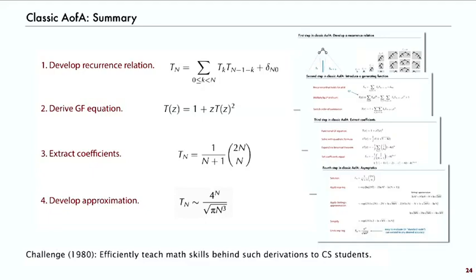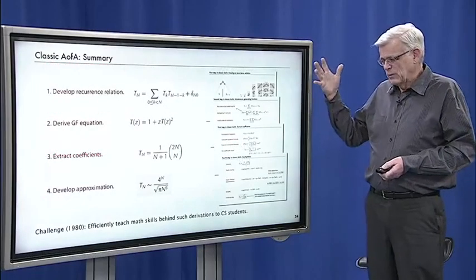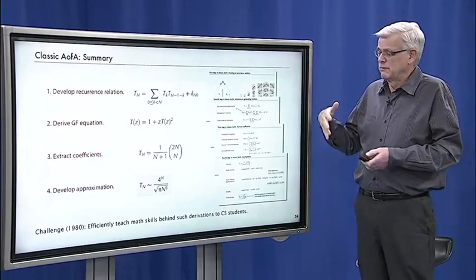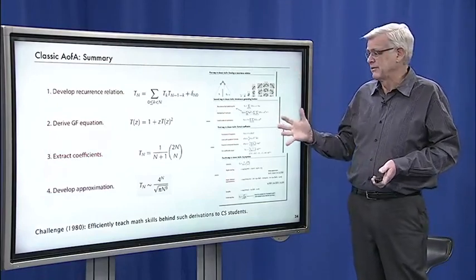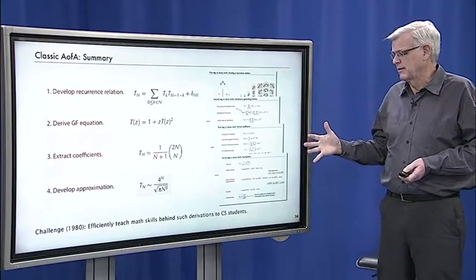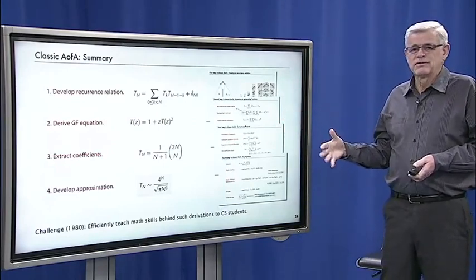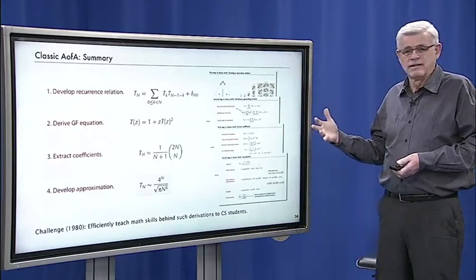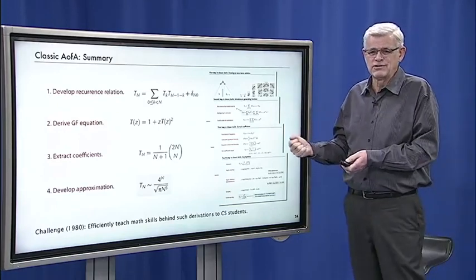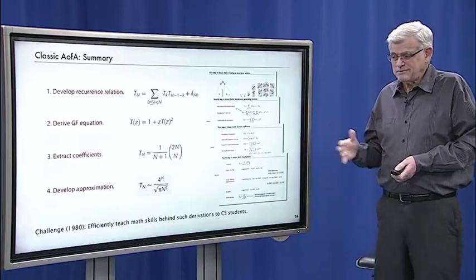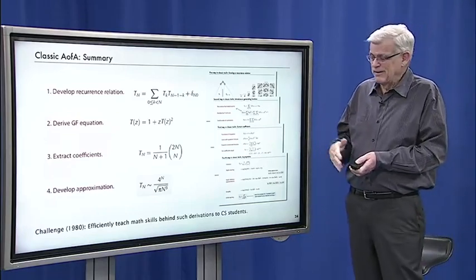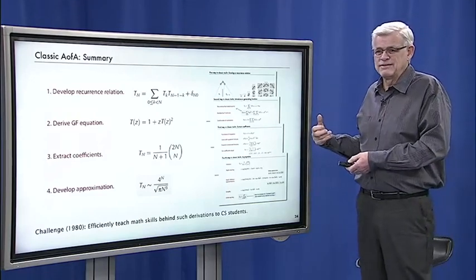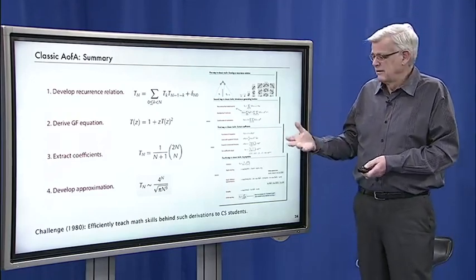And so when Philippe and I started our careers, we had learned this. We knew the math, well, we learned more math and were able to do this and able to attack many, many problems. But our challenge was that we had to face the idea of teaching this stuff to computer science students. And particularly as the years wore on, getting into maybe 1980, the students had lots of computer science, but not so much math.